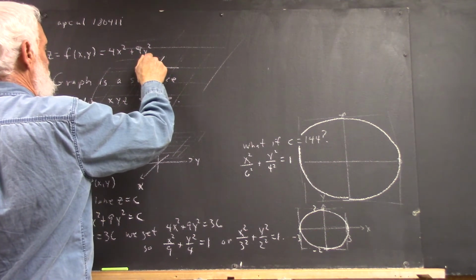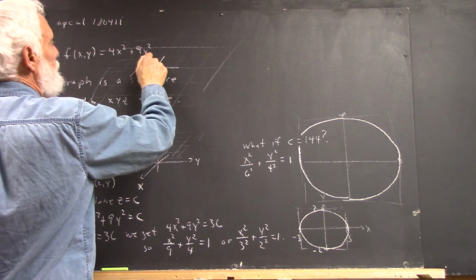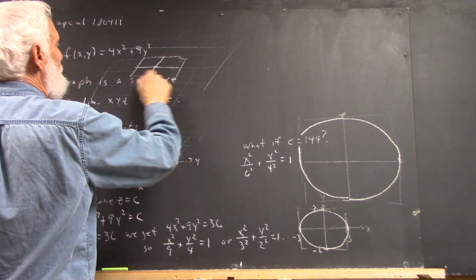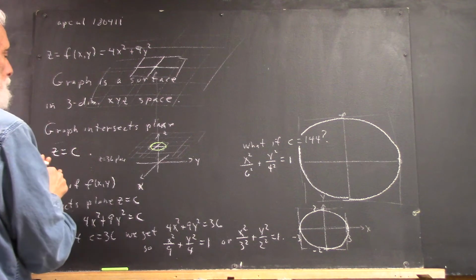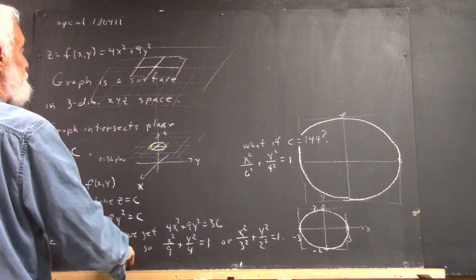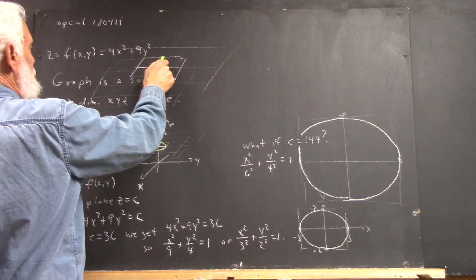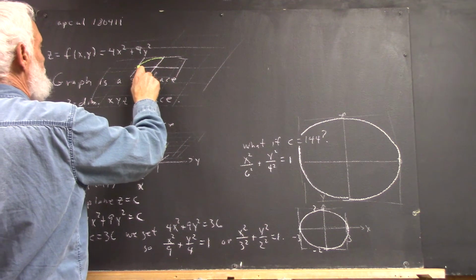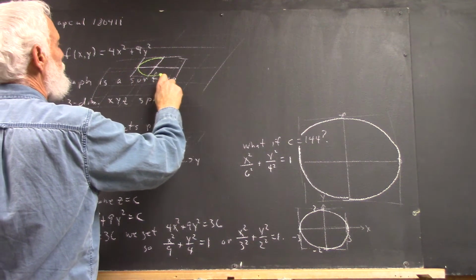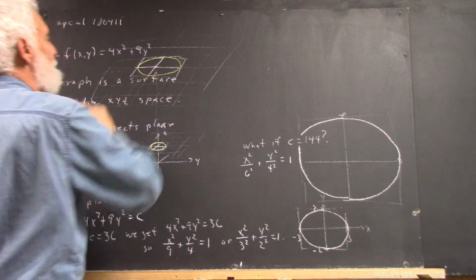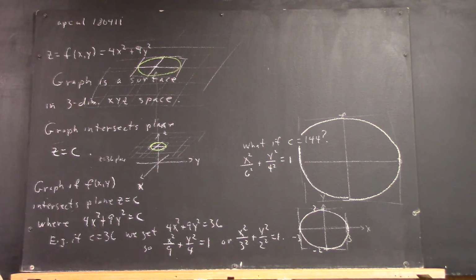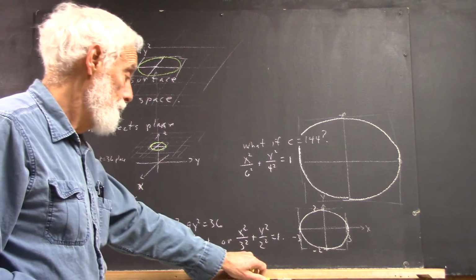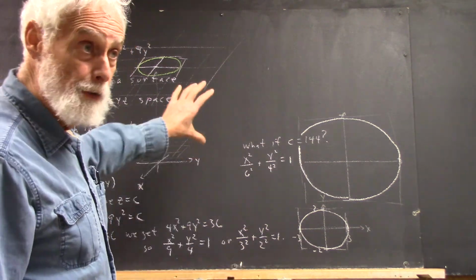Our rectangle will be like here, and our ellipse is going to be something like this. Okay? Well, that's a good start to visualizing this surface.